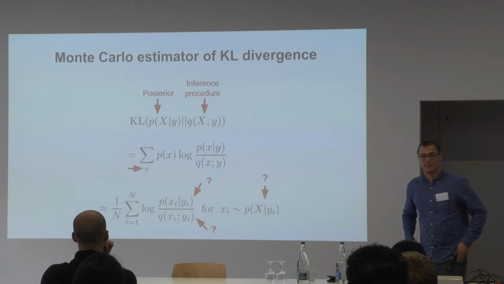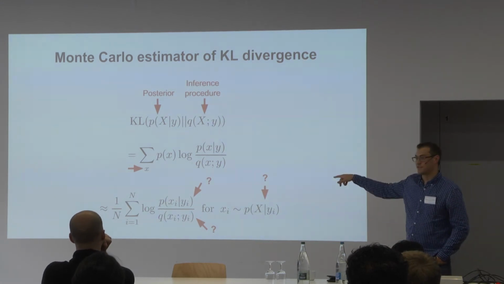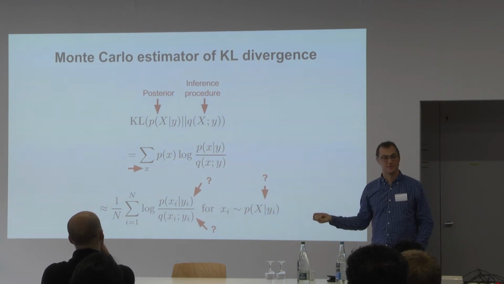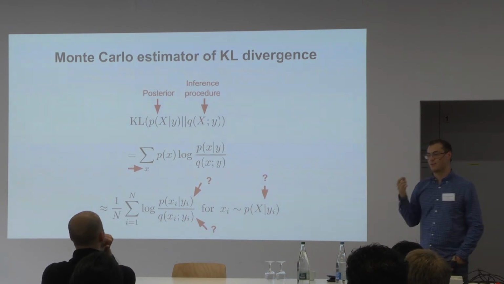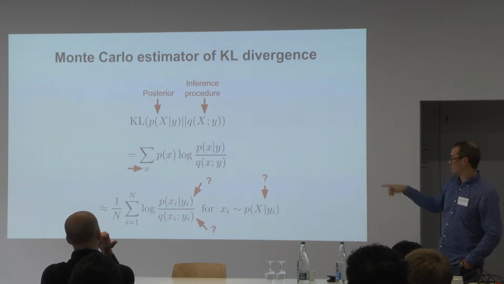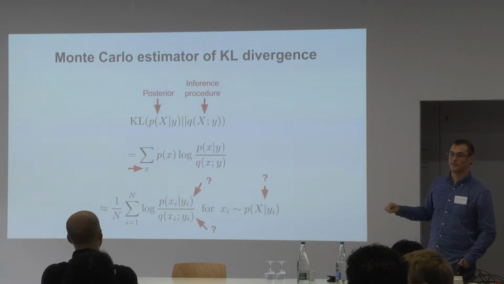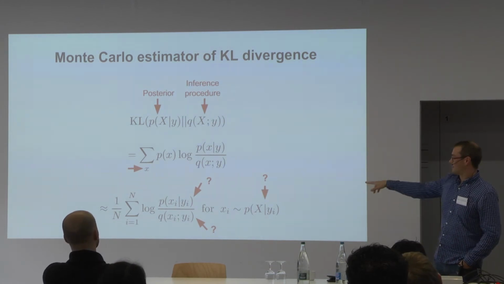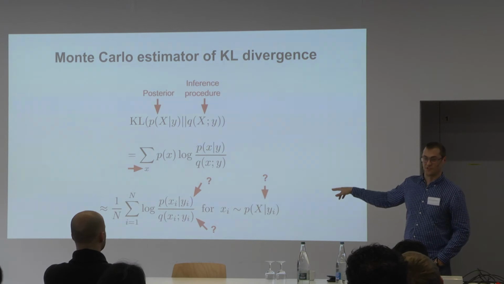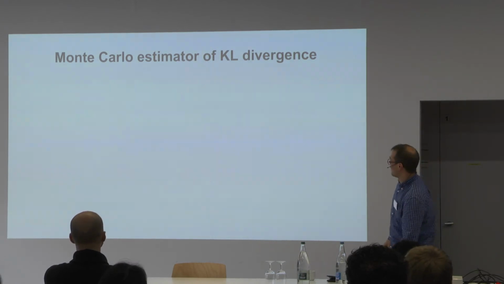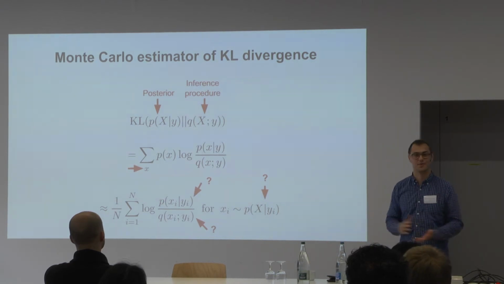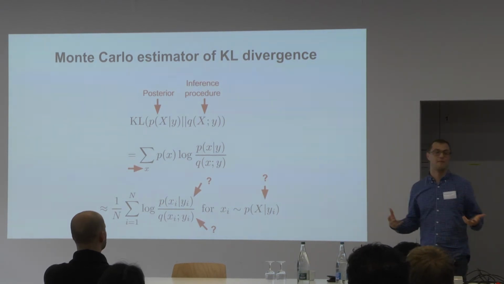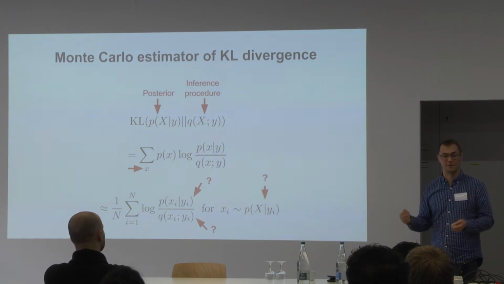And also, this expression involves computing these probabilities, which on the top is the posterior probability itself, which again is going to be hard to compute exactly. And at the bottom, it's the probability that your algorithm Q produced a given output X. I'll talk about how we resolve that second issue later. But the idea is that basically Q is a piece of code, right? So what does it mean? The code might not report its probability of returning a given value. It might just be able to give you values.